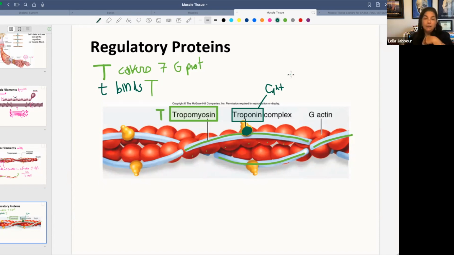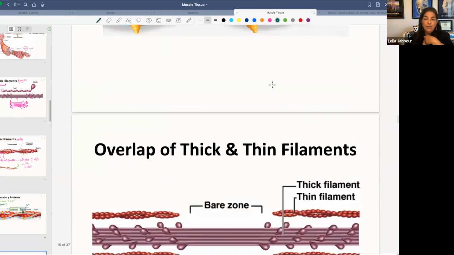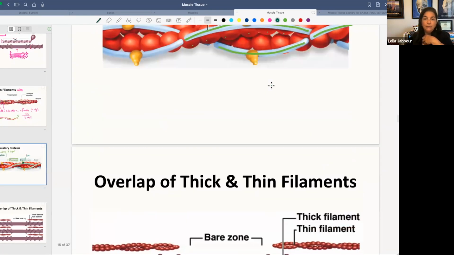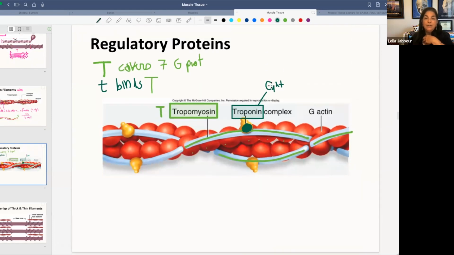So I give the analogy of troponin, tropomyosin being like a, yeah, I'm going to actually draw it. Perfect.